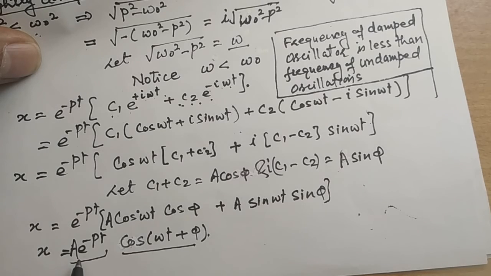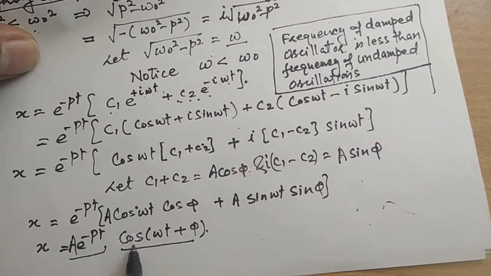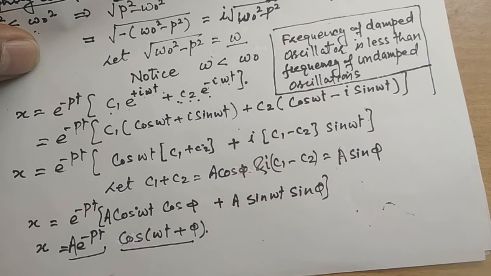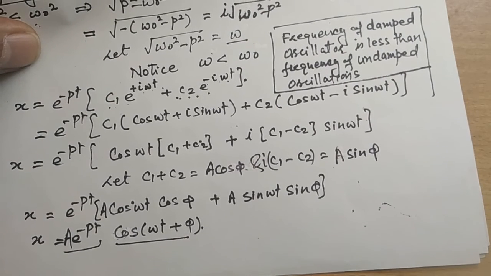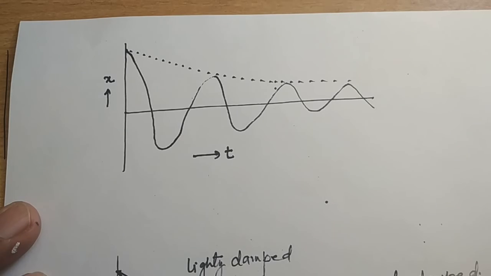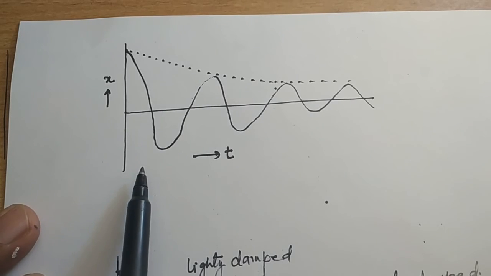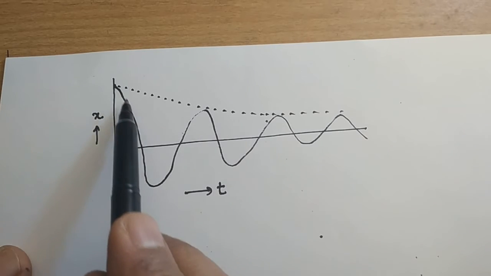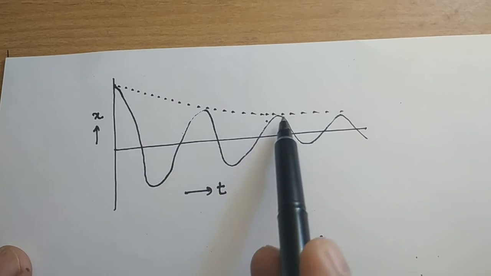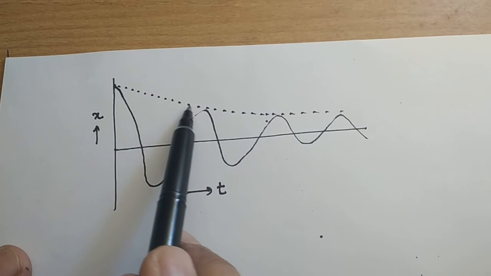And you will find here that the cosine gives you an oscillatory value, but the amplitude is not constant. The amplitude is decreasing because the exponential term is multiplied with the amplitude. Therefore the amplitude decreases with time exponentially, but the displacement is oscillatory. Both these factors are shown in the next diagram. You see in this diagram that the displacement is oscillatory, but its amplitude is continuously decreasing.